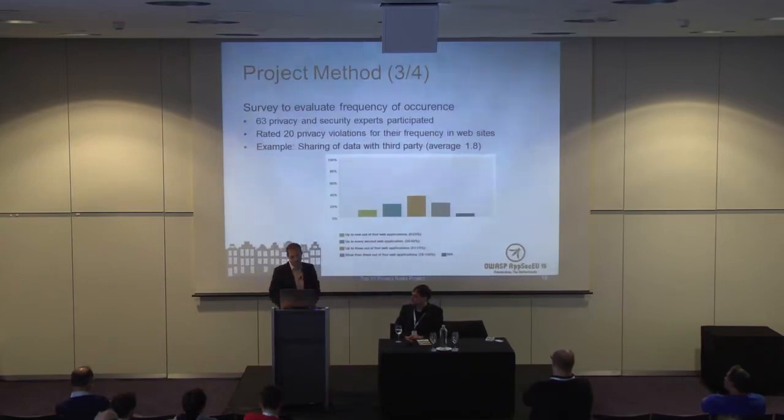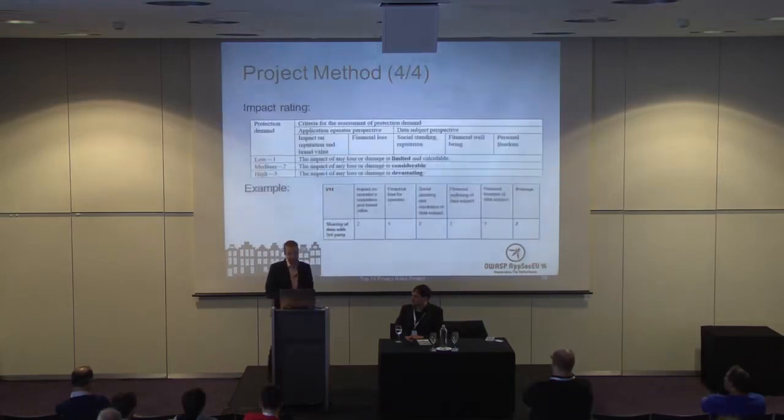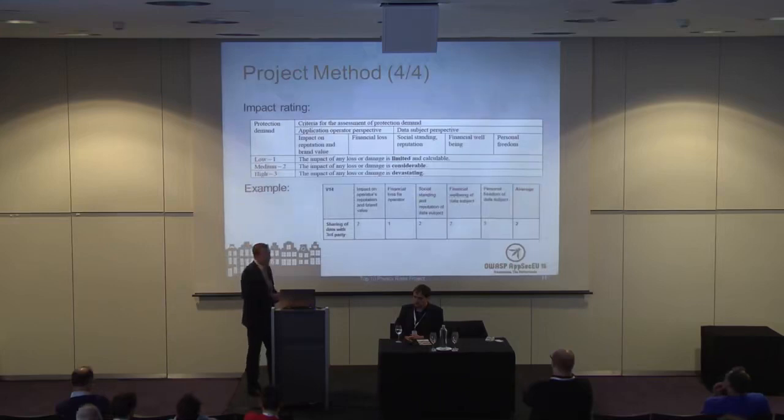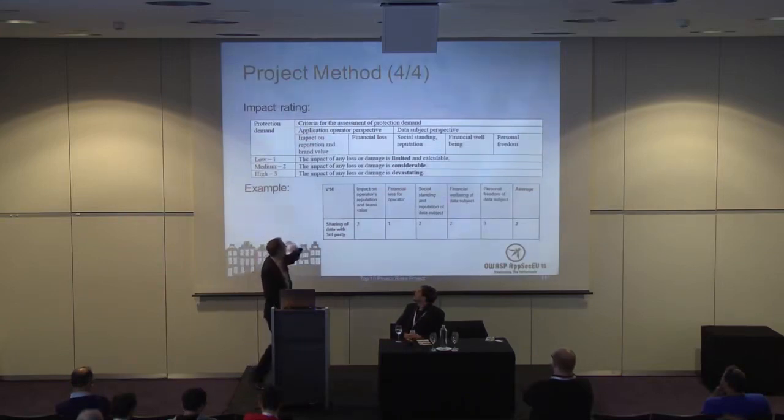And then, of course, we also needed the impact for this violation, and we did that as follows. We had 40% a look at the application operator perspective on the impact on reputation and brand value and the financial loss there, and 60% at the data subject perspective: social standing, reputation, financial well-being, and personal freedom.